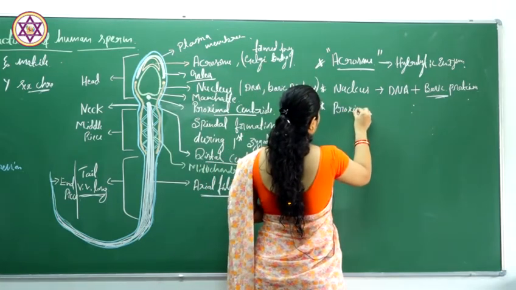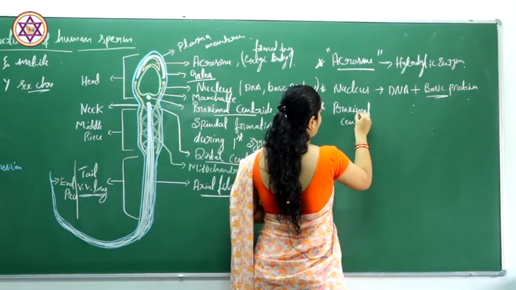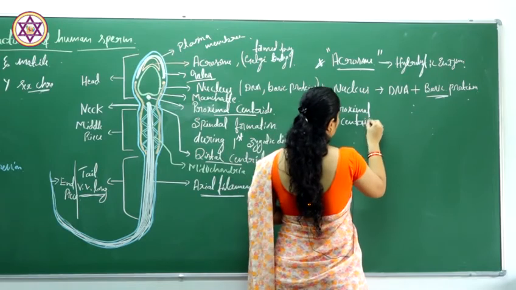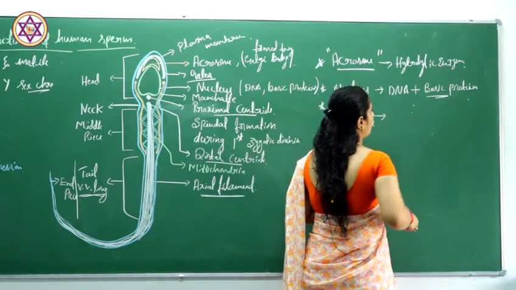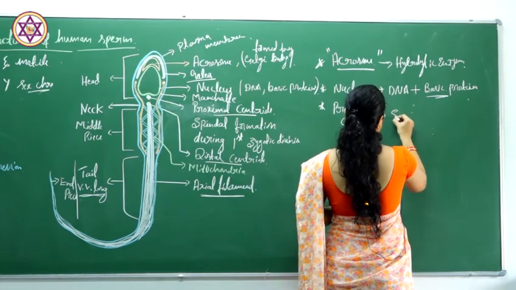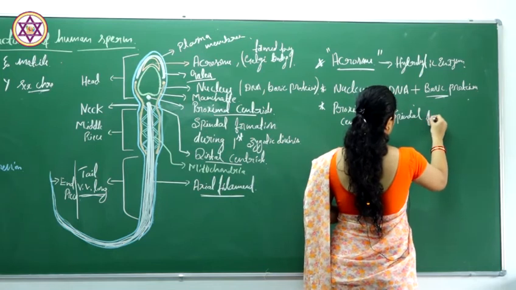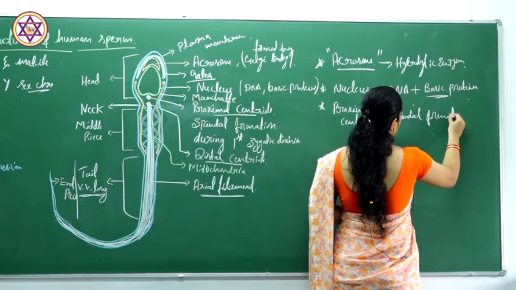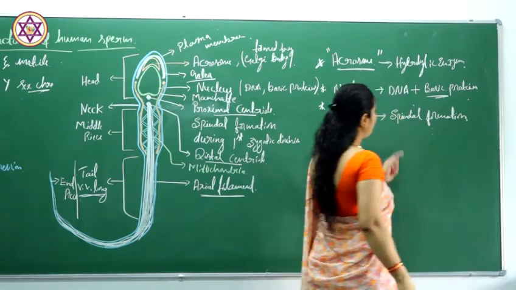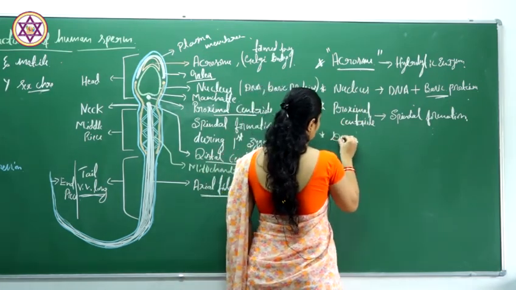The proximal centriole forms the spindles; it is responsible for spindle formation. These are its functions.